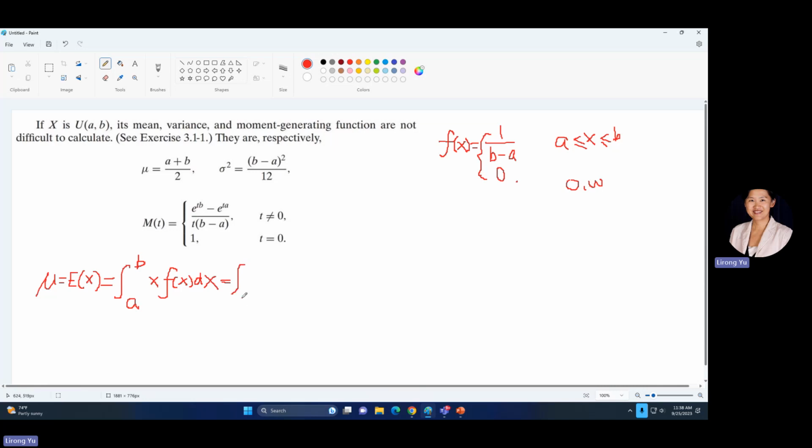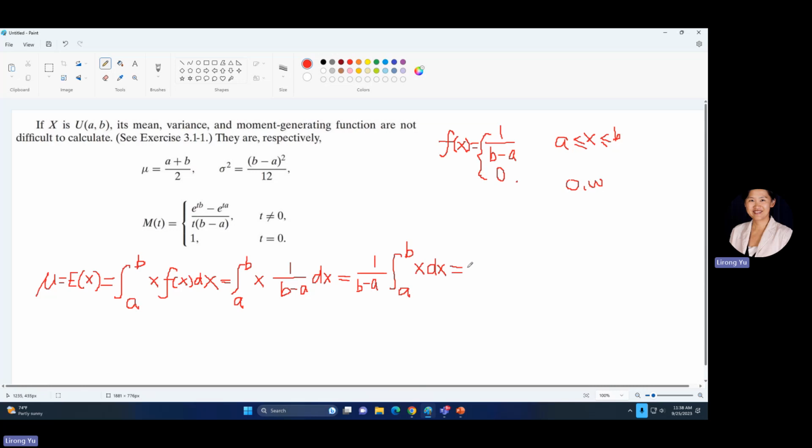So now we have, from a to b, x multiplied by f of x, which is 1 over b minus a, dx. Now for integration, if you have a constant number, normally we bring the constant outside the integration. So it becomes 1 over b minus a, times the integration from a to b of x dx.